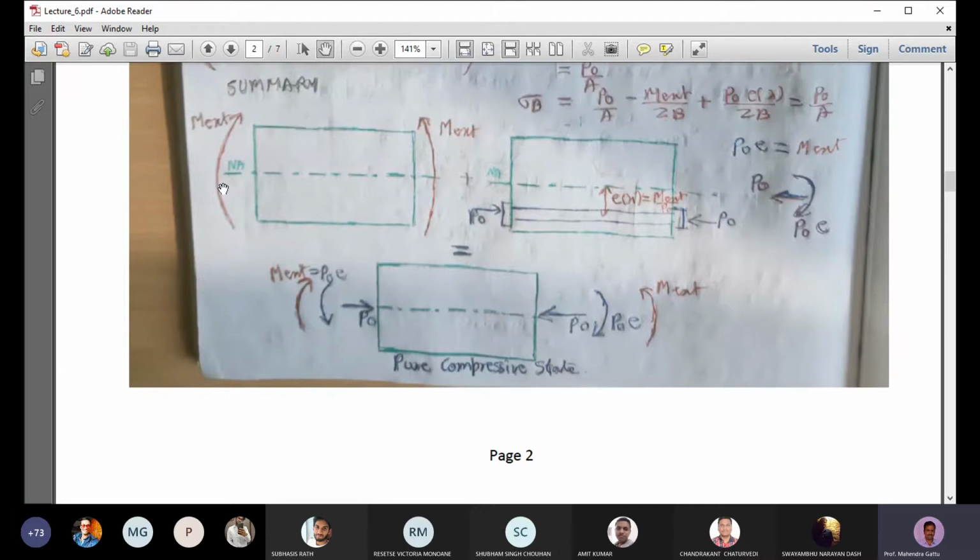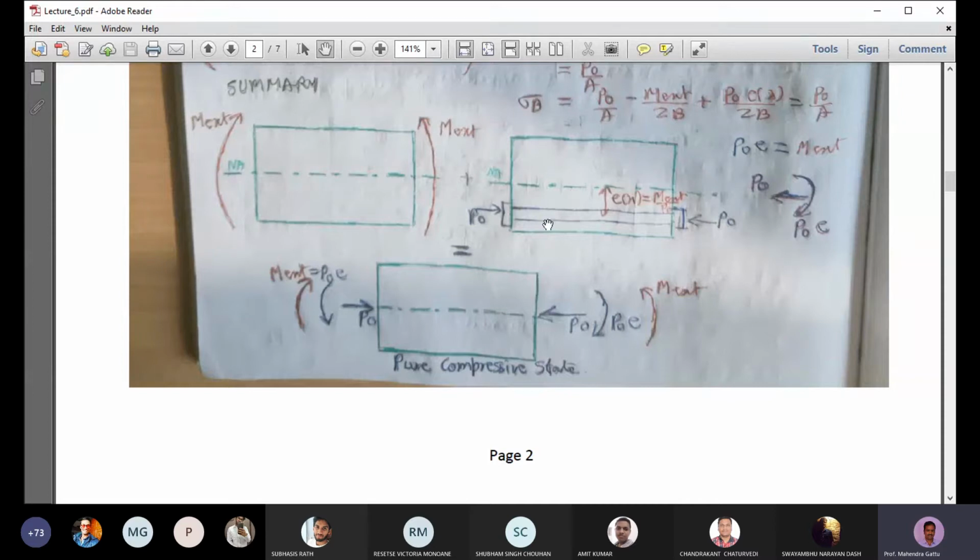So if you are given an external load like this, and if you provide this eccentric cable at a distance M external by P naught, we are obtaining a pure compressive stress in the beam, and there is no curvature in the beam. The beam is perfectly straight. So this is what we can say about load balancing.